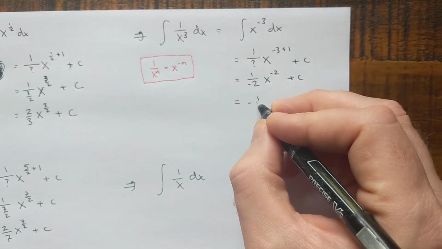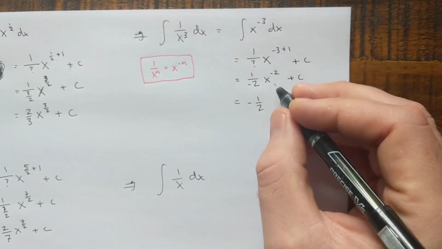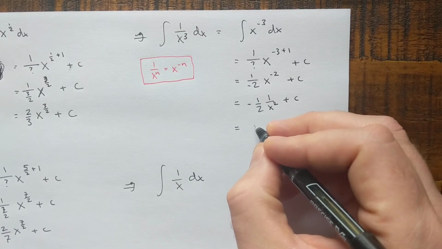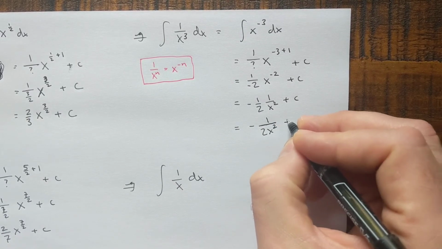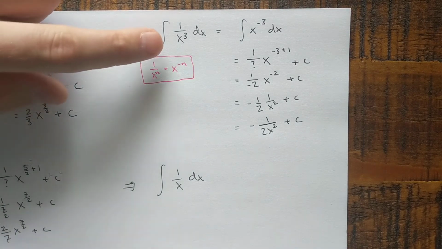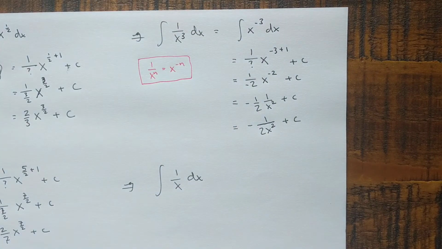We could clean this up a little bit because this is negative 1/2, and then x to the negative 2 is really 1 over x squared. So we could write our final answer as negative 1 over 2x squared plus c. The thing to remember here is if we have an exponent on the bottom, it's negative on top, and then we can just apply the power rule normally.